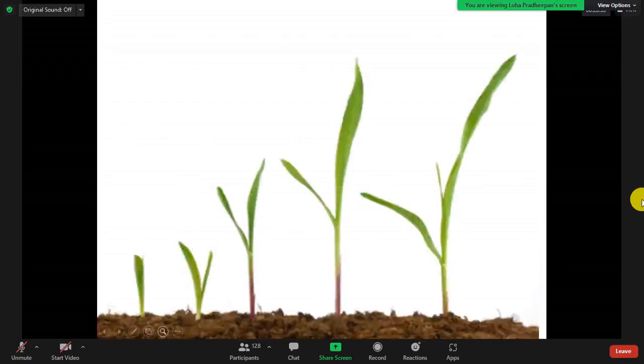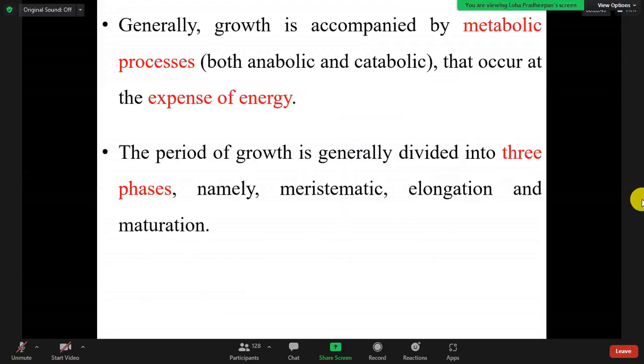If you plant a seed, little by little it is growing, so the growth can also be seen. How is the growth happening? This is happening due to the metabolic processes, anabolic and catabolic, with the expense of energy.